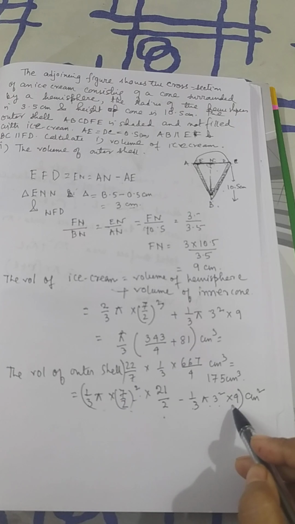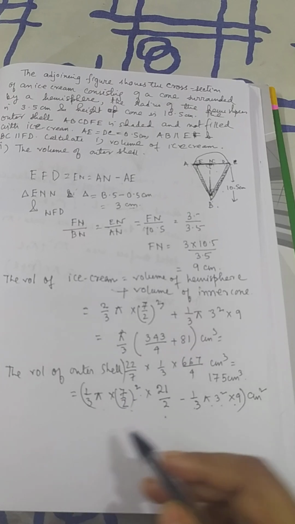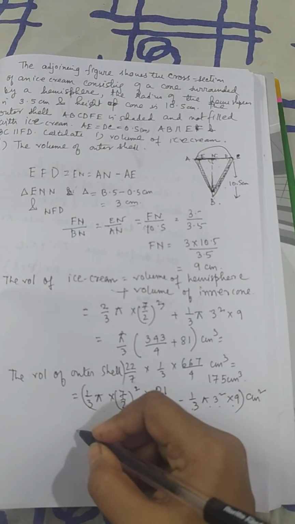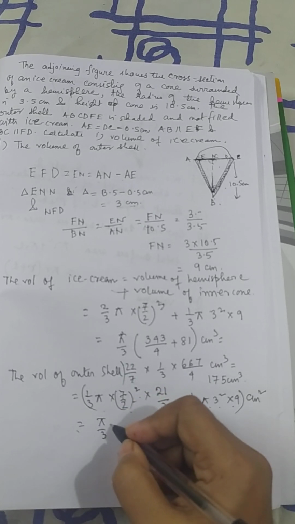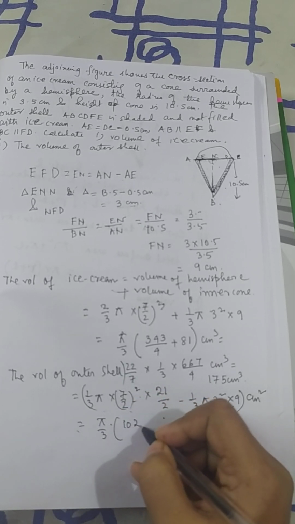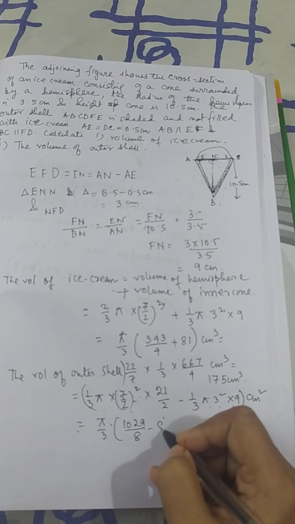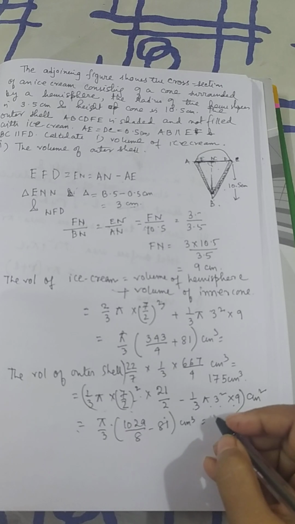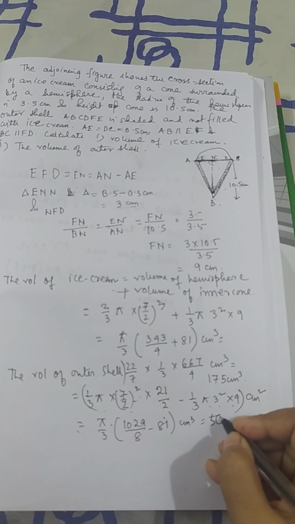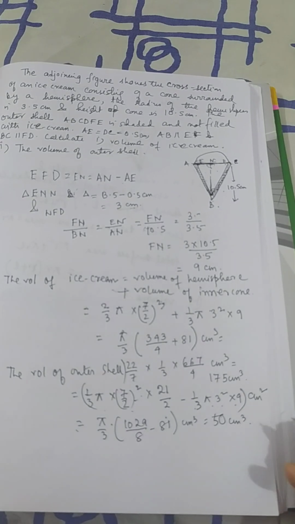Now if I calculate it, it will become like this: pi by 3 into 1029 by 8 minus 81 centimeter cube, that will come to nearly 50 centimeter cube.